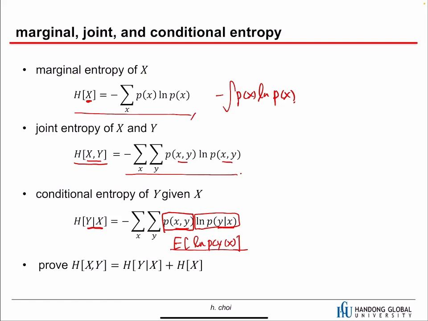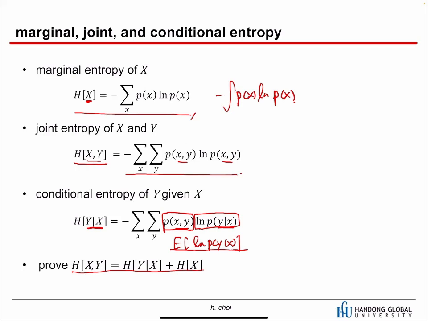Now, let's prove this one. The joint entropy of X and Y is the conditional entropy of Y given X plus the marginal entropy of X. So we can write down these terms.